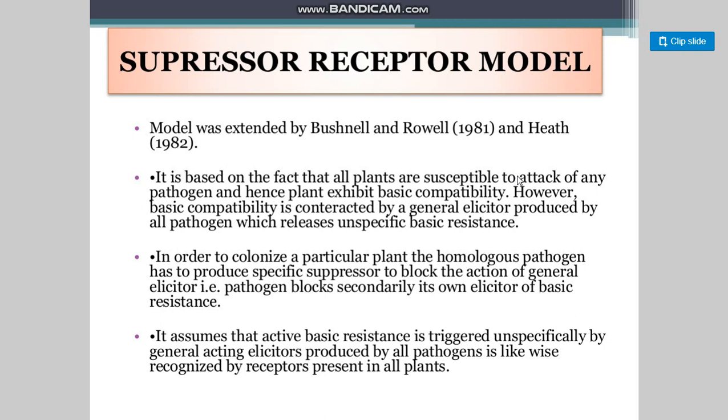So in order to colonize a particular plant, the homologous pathogen has to produce a specific suppressor to block the action of the general elicitor. It is assumed that active basic resistance is triggered unspecifically by general acting elicitors produced by all pathogens and is likewise recognized by receptors.